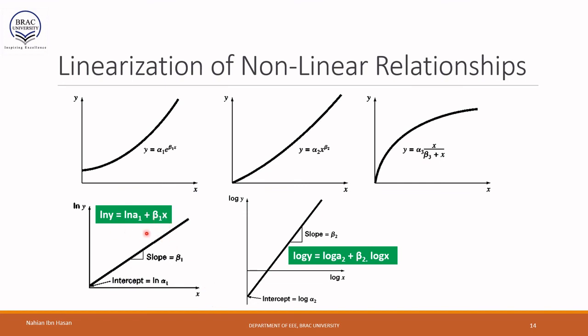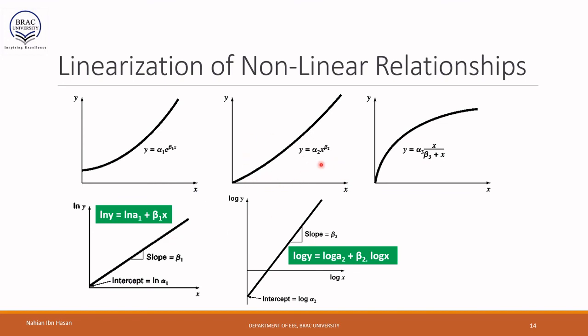So this is a modified version of the equation, and this equation is actually a straight line. We are linearizing this function into a straight line so that we can fit a least square regression line.